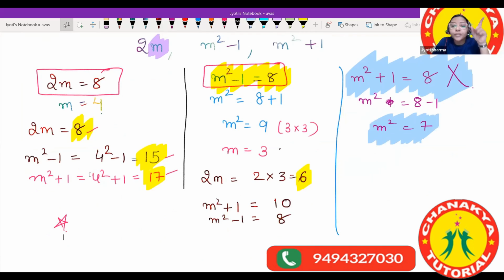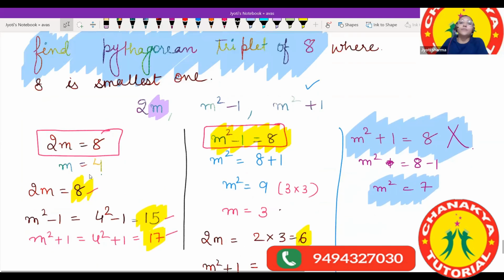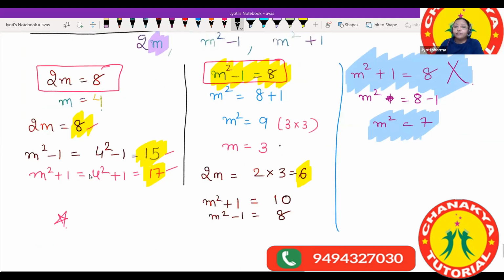But if I keep this condition, find the Pythagorean triplet of 8 where 8 is the smallest one, and I find m square minus 1 is equal to 8, the triplet I found is 6, 10, 8. 8 is not the smallest in this case. The smallest one is 6. This is not fulfilling my condition.